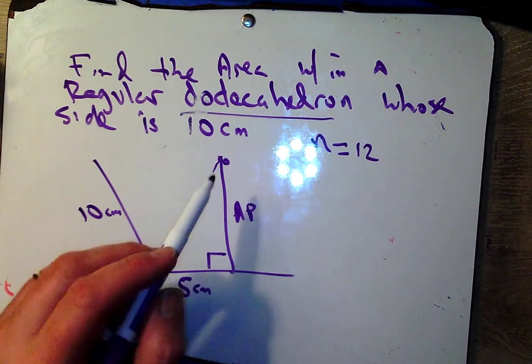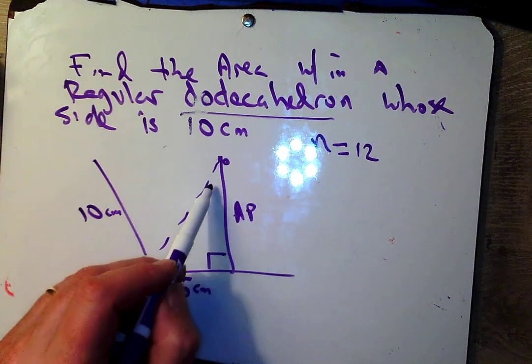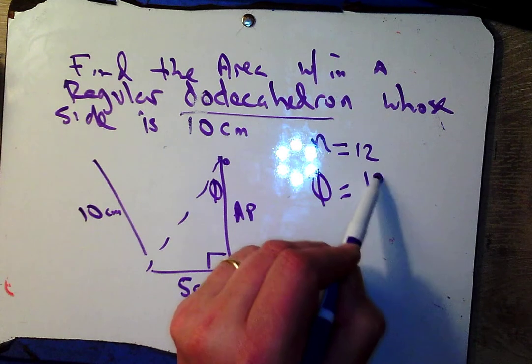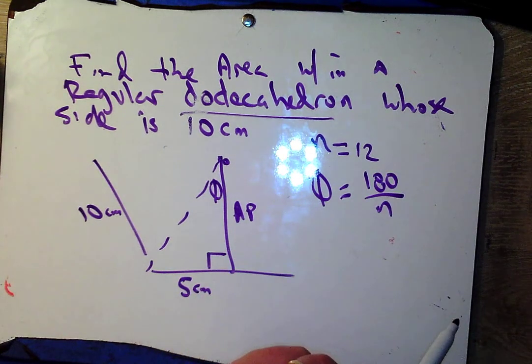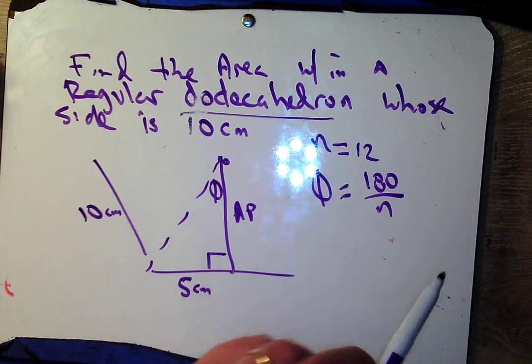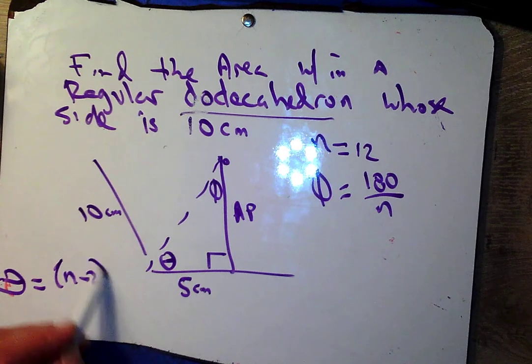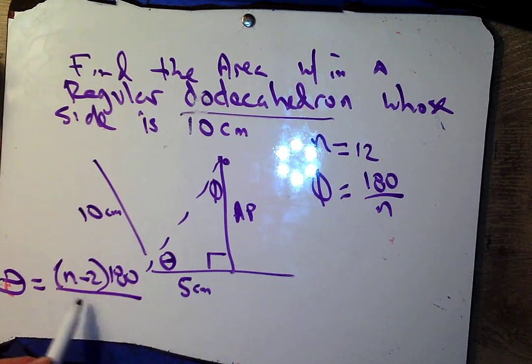All right, well, remember that we have a formula for phi, which is 180 over n, where n is the number of sides. Or we could find theta, and our recipe for theta is n minus 2 times 180 over 2n.